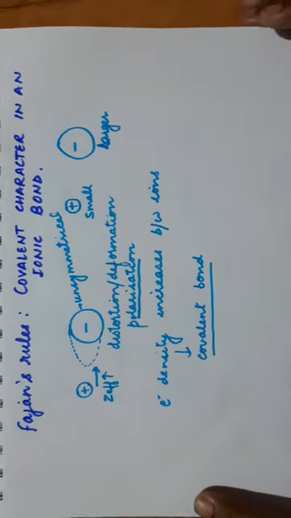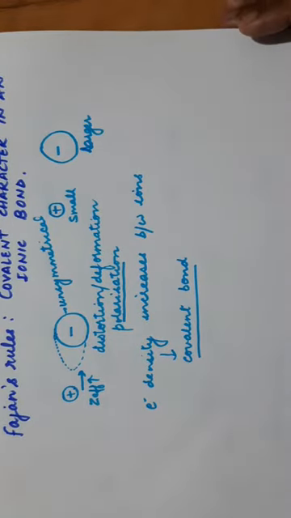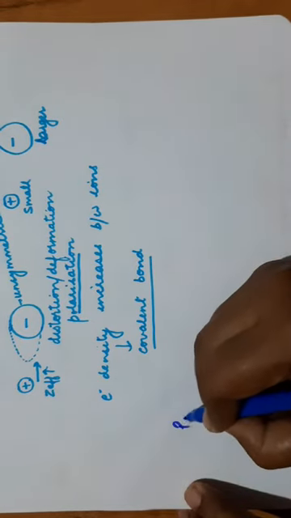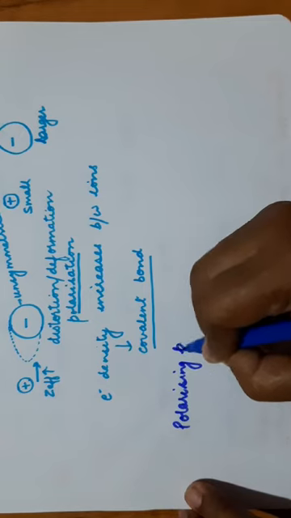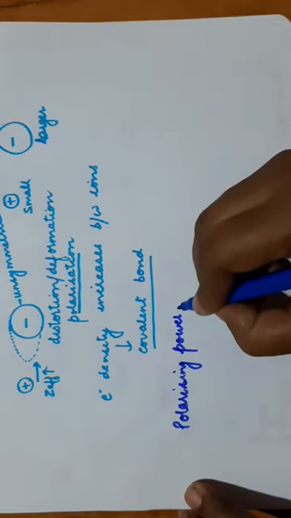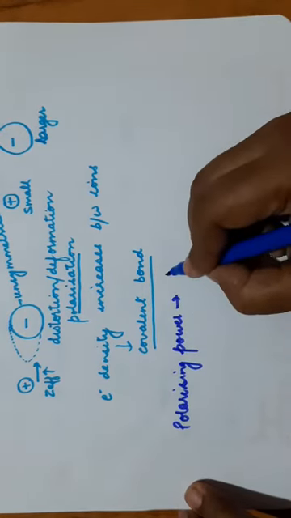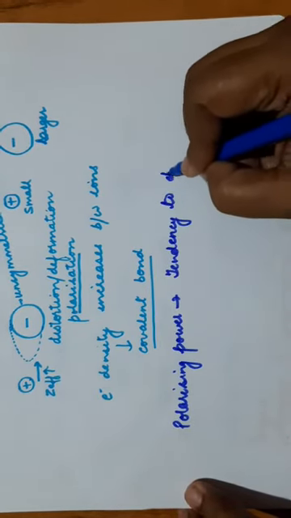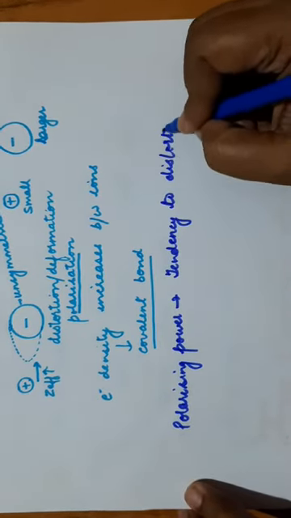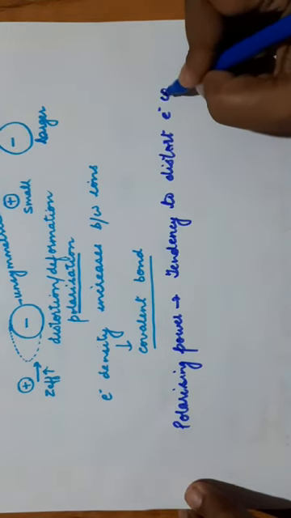Now, there are two terms, polarizing power and polarization. First, we will discuss them. So, what is polarizing power? Polarizing power is of a cation. It is the tendency to distort the electron cloud of an anion.